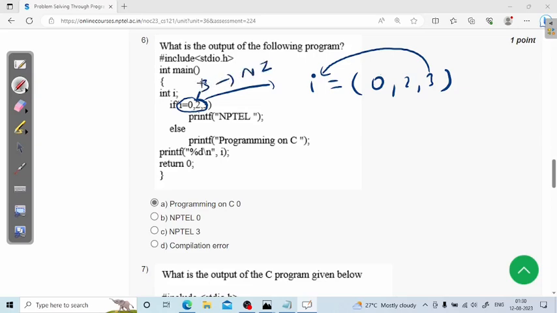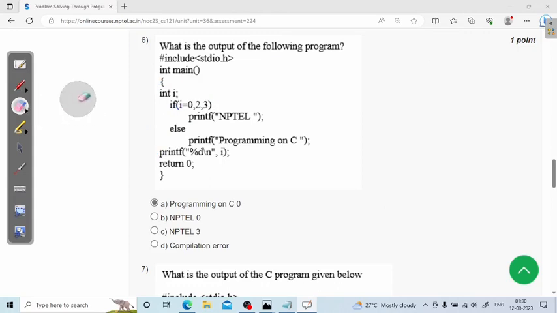So in that case it will become true and will print out NPTEL, and after that it will print out NPTEL 3. Okay, but as these brackets are missing here, only i equal to 0 will be executed and 2 and 3 will be discarded. So it's going to result as a false statement, and that's why programming in C is getting executed and the value of i is also assigned to 0. I hope you have understood both the situations.